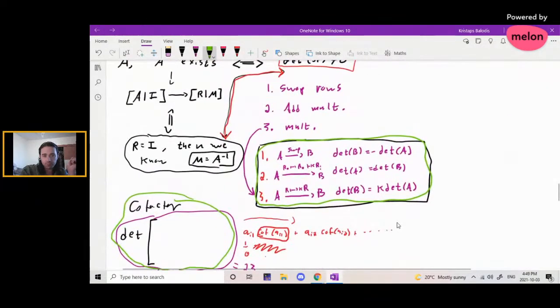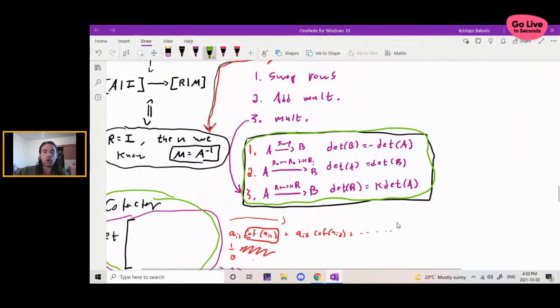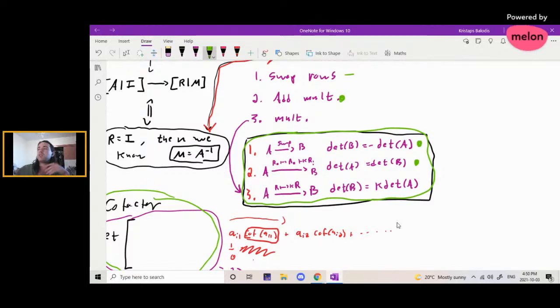So as we saw, swapping rows simply adds a minus sign, or multiplies by a minus sign. Adding multiples doesn't affect the determinant at all. And so this is actually the best thing ever, right? Because what are we actually doing when we're creating zeros above and below a leading one? That is adding multiples of rows.